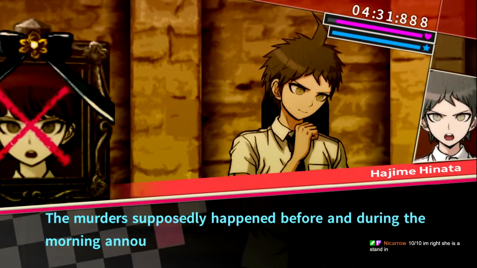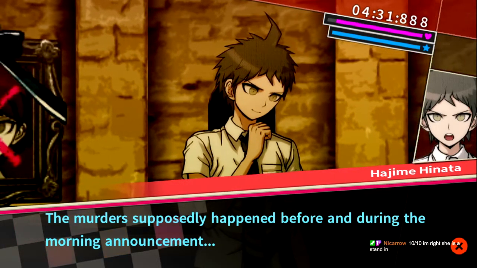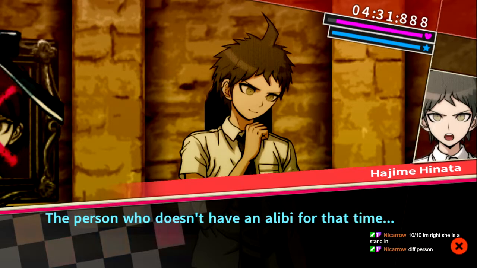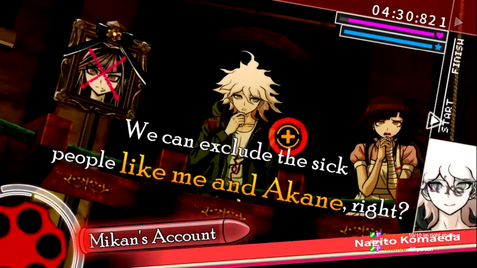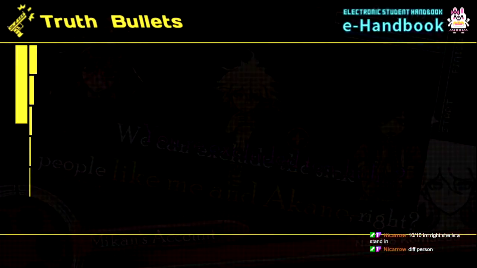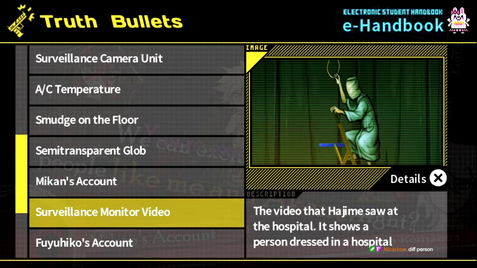The murders supposedly happened before and during the morning announcement. The person who doesn't have an alibi for that time... We can exclude the sick people like... Okay, I'm going back to this. Before and after the morning announcement.